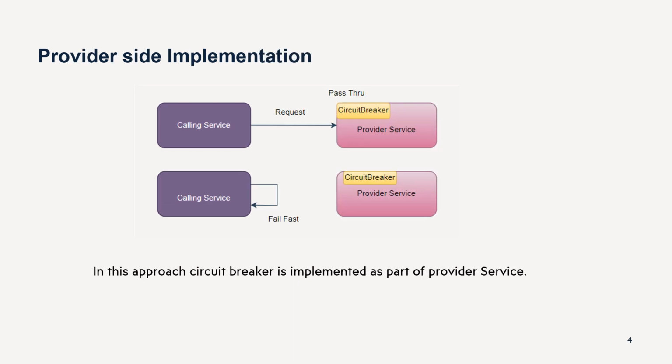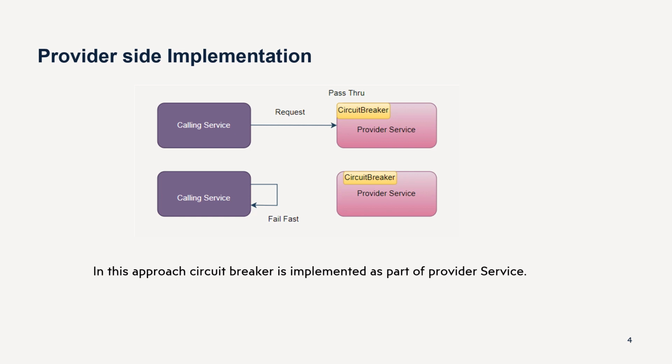So yeah, the next implementation strategy is the provider side implementation. In this implementation, circuit breaker logic is part of the provider service code. And why we need this? Because what happens is that the circuit breaker pattern will not kick in right away. Suppose there are three calls failing in each 10 calls, right? So it will not open the circuit right away.